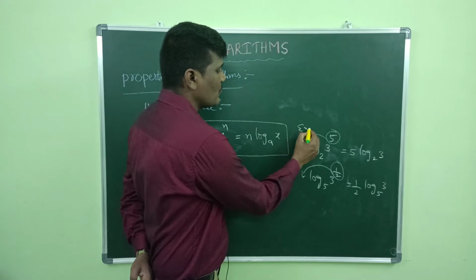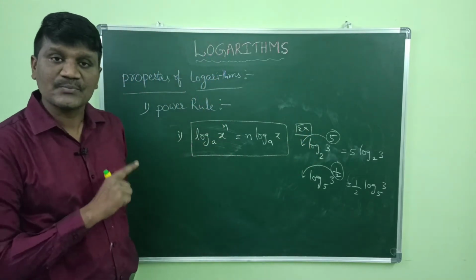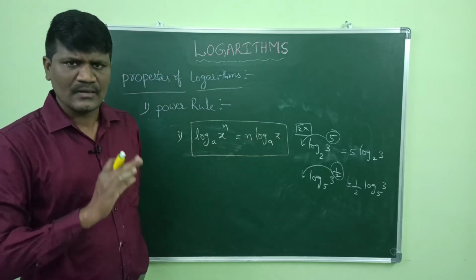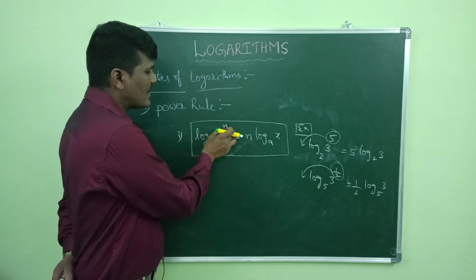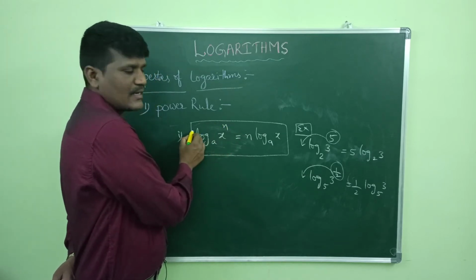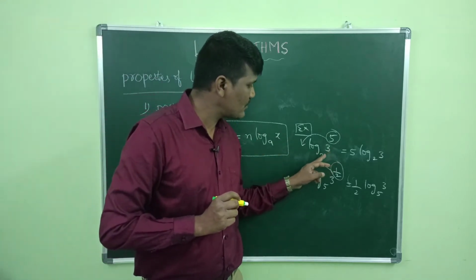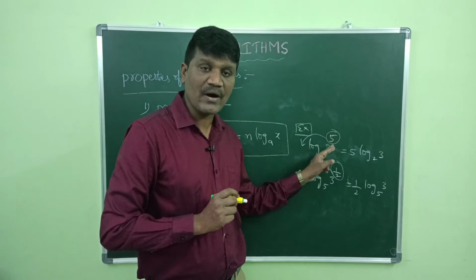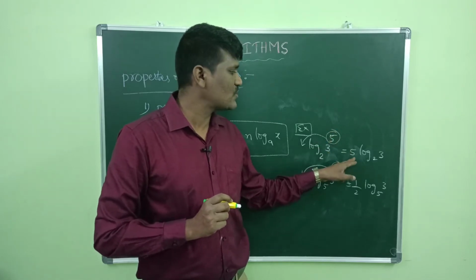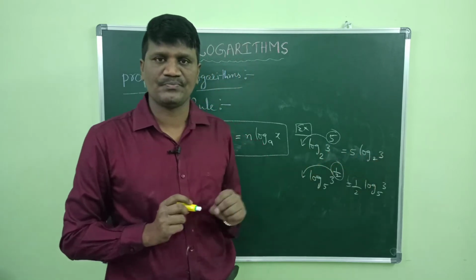These are the examples for log x power n to the base a is equal to n log x to the base a. The only thing you should remember is that whatever the power is, the power will come to the front and everything else remains the same. In log 3 power 5, the power is 5, so the power comes to the start: 5 into log 3 to the base 2.